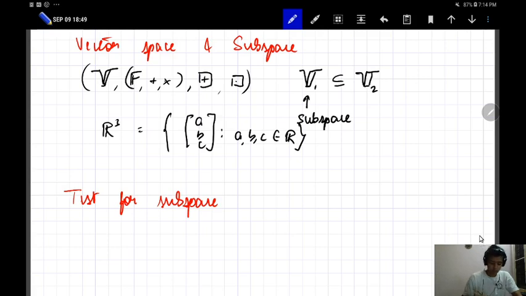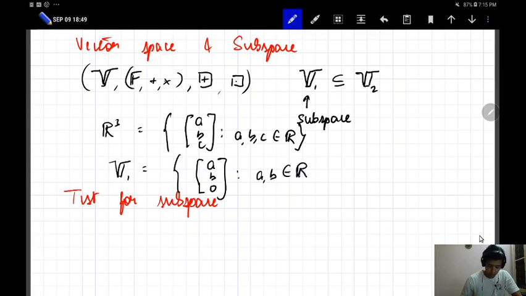Okay, so here's an example of a subspace of R3. Let's define V1 to be the set of all (a, b, 0) such that a, b are in R, right?